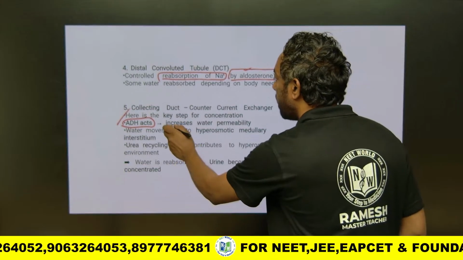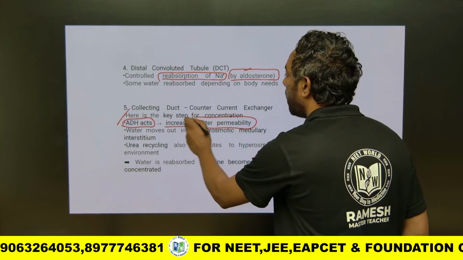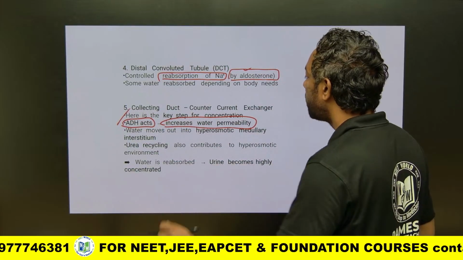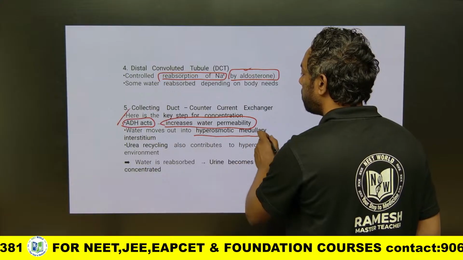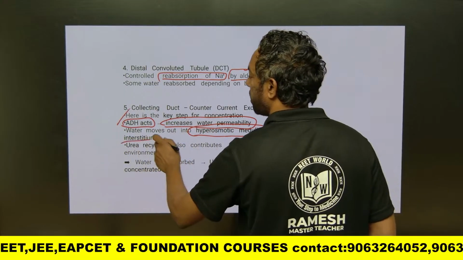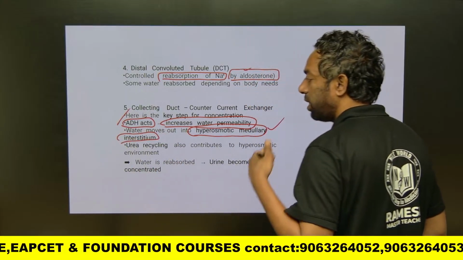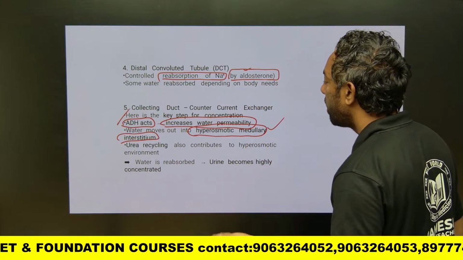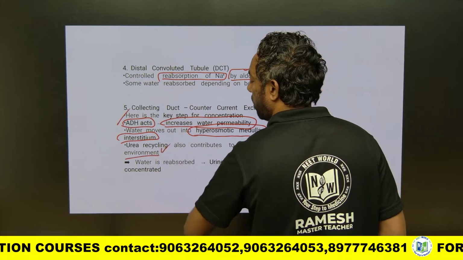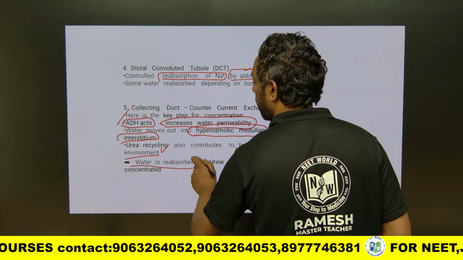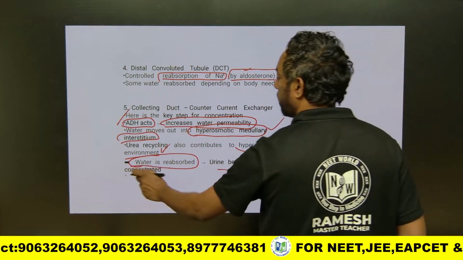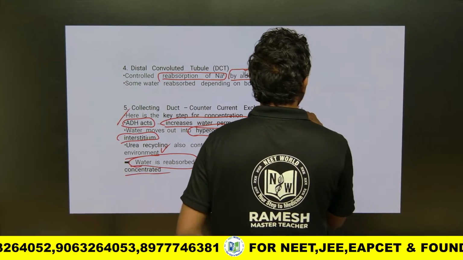It increases water permeability, meaning water reabsorption takes place, and the medullary interstitium is hyperosmotic. Urea recycling contributes to the hyperosmotic environment, water is reabsorbed, and urine becomes highly concentrated.